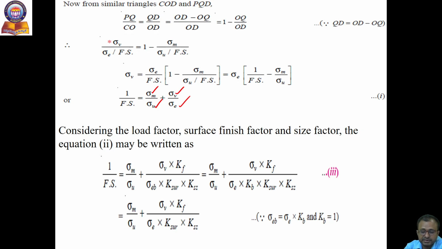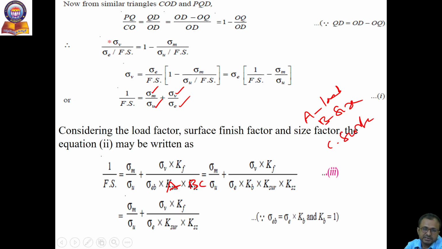Now here we are considering the modifying factors. Generally we consider A, B or C, where A is the load factor, B is the size factor, and C is the surface finish factor.